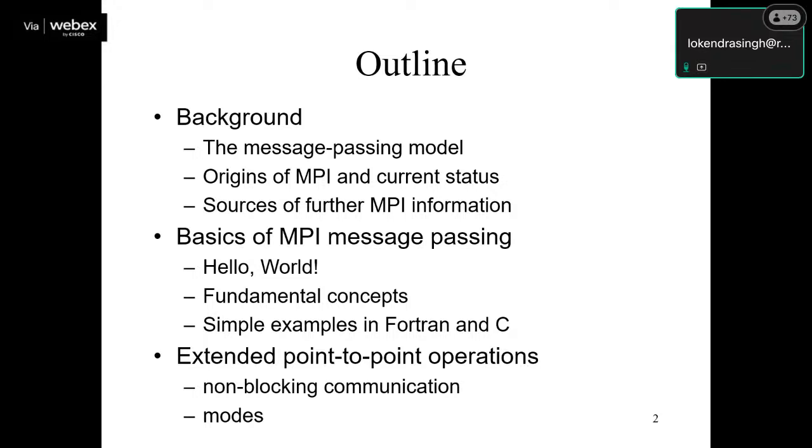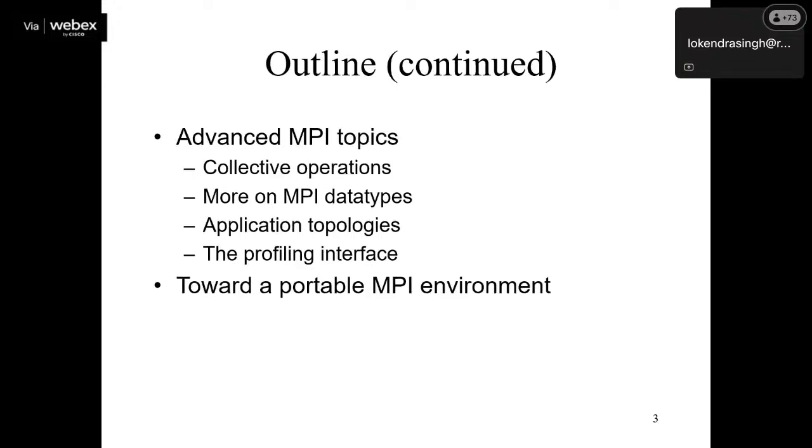So further we will discuss the blocking and non-blocking operations in MPI. There are also some advanced topics: collective operations, MPI data types, just like in C, then application topologies, then profiling interfaces.